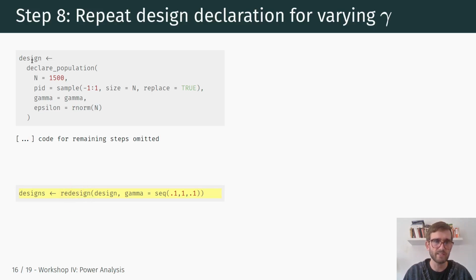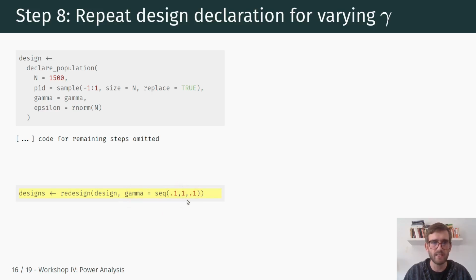I'm specifying the entire design the way we did it here, step by step. I omitted the code for the remaining steps here. The only thing that I changed was adding this gamma. Then I take that design object and use the redesign command to repeat this whole procedure for varying levels of gamma.